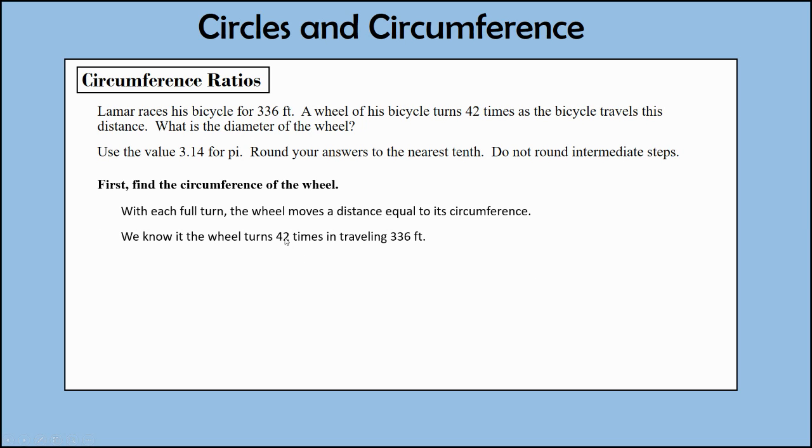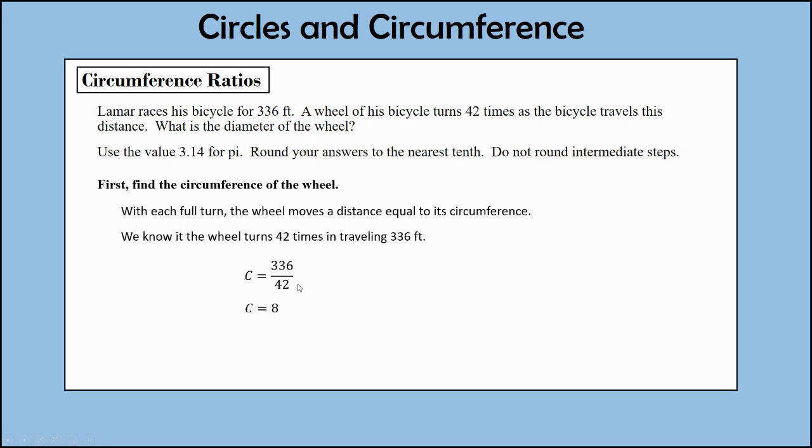Okay, so if it turns 42 times in 336 feet, then 336 divided by 42 has to be the circumference of that wheel, the distance all the way around the wheel. And that's about 8 feet. So we're saying that the circumference of the circle is 8 feet every revolution. So if you mark the bottom of the tire and roll it till you get to that mark again, you've gone 8 feet. So I know circumference is 8 feet.